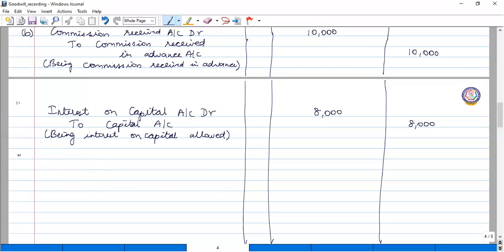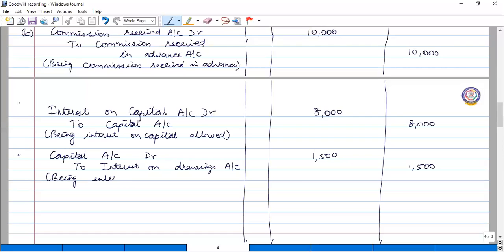So debit the capital account, as we are going to deduct it from the capital account, and credit the interest on drawings account. Amount is rupees 1,500, being interest on drawings charged.